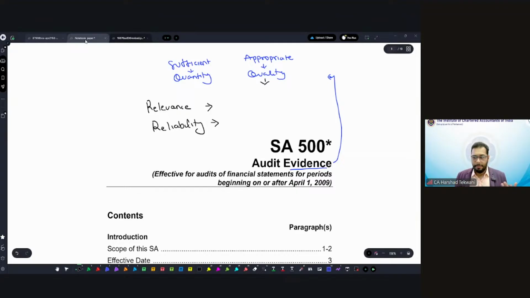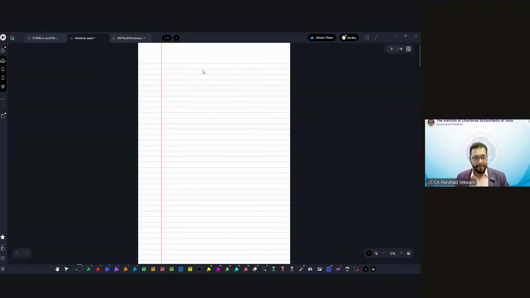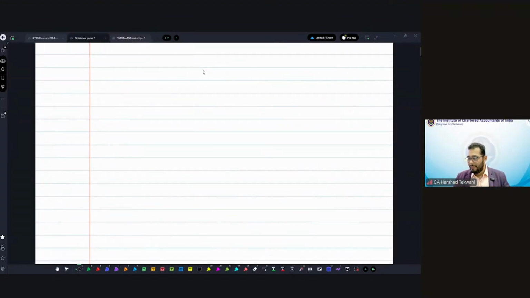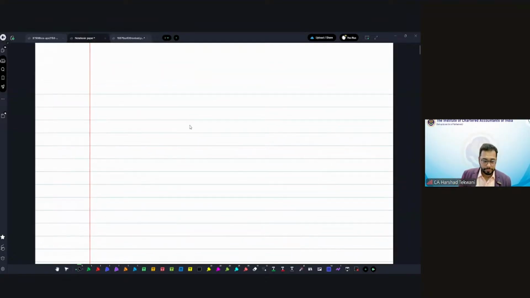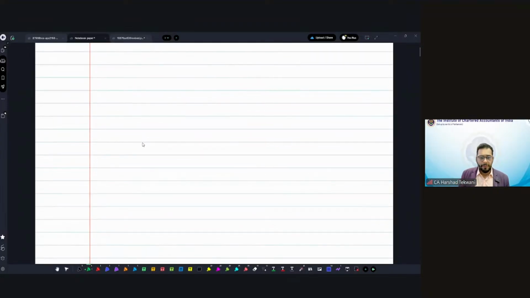Let's take an example to understand the term relevance. Why are we talking about relevance here? The first thing I want to talk about is appropriate audit evidence.